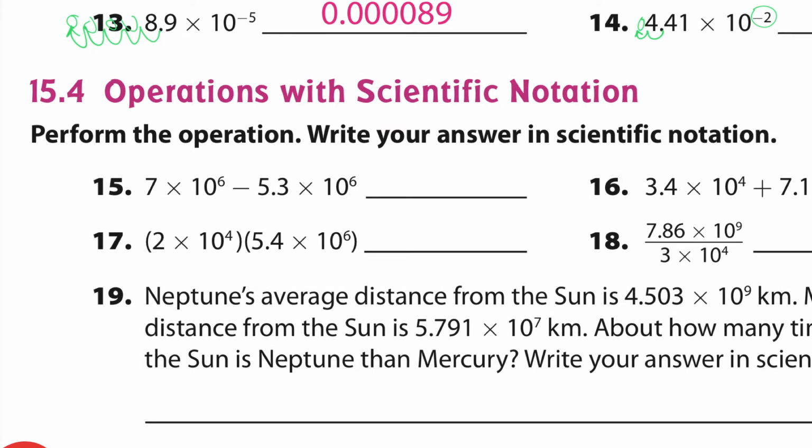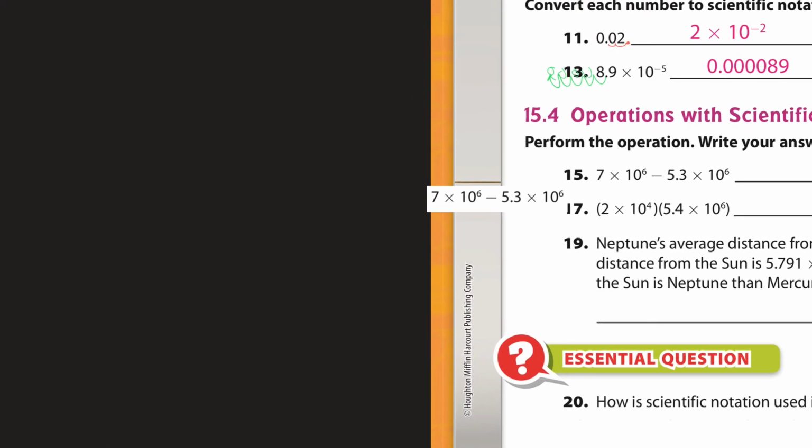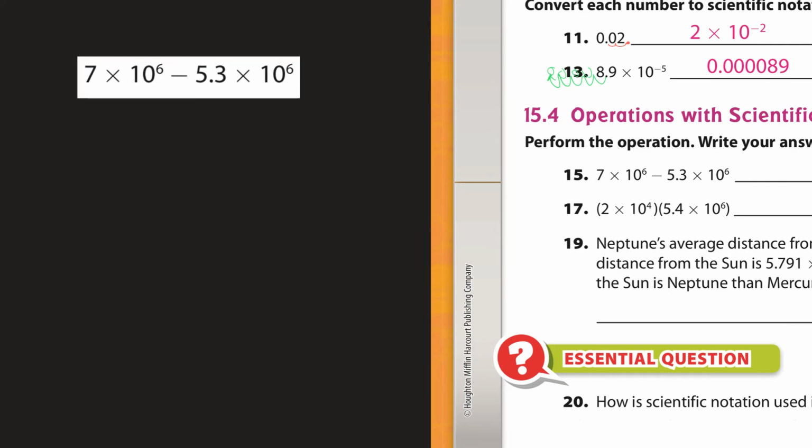Okay, so we have to perform the operation. I think what I'd like to do is set this up over here. Come on over here. And I'd like to blow this up a bit, and let's make this bigger. Okay.